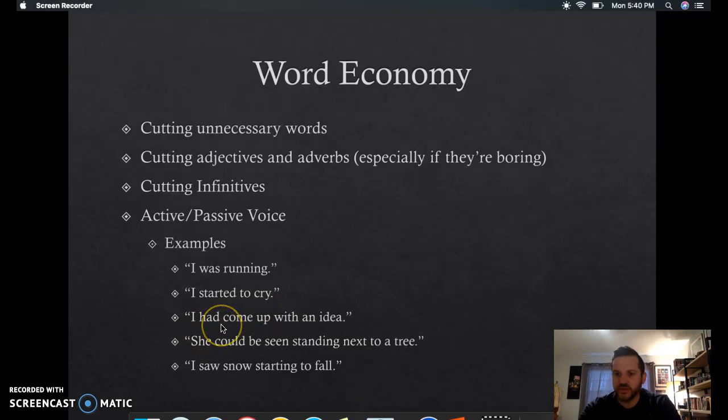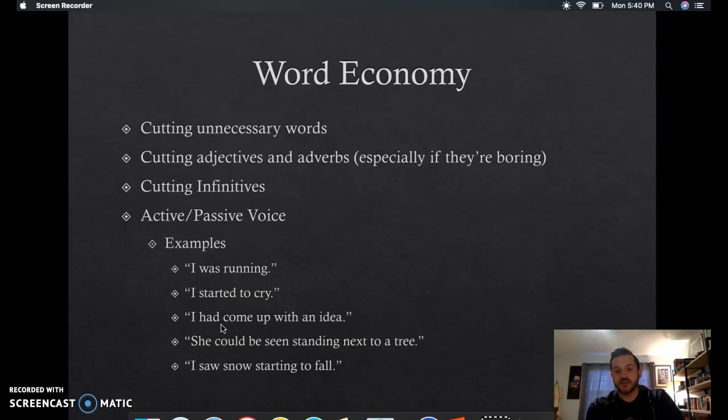That had is past perfect tense, and it signals to the reader that what you're about to say happened earlier in narrative time. Sometimes with context that's important, but in most cases it's unnecessary.